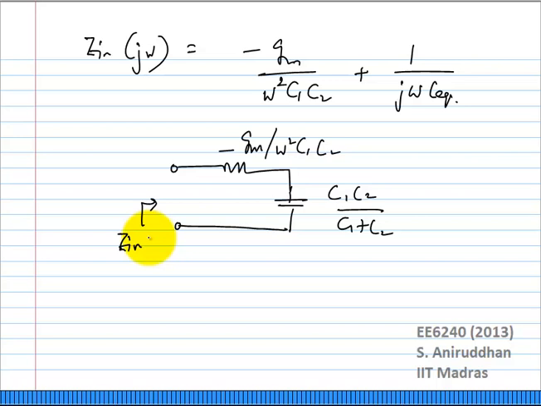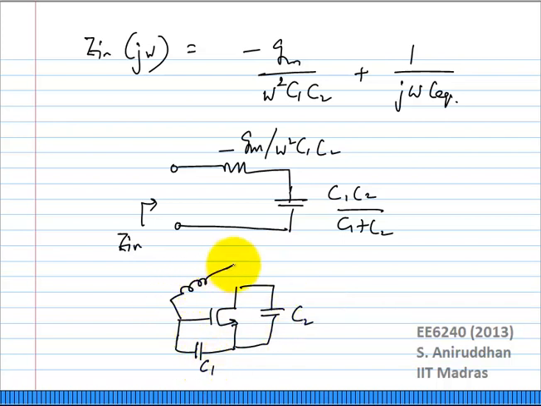So suppose I take the circuit C1 and C2, and I am going to connect some L between these.